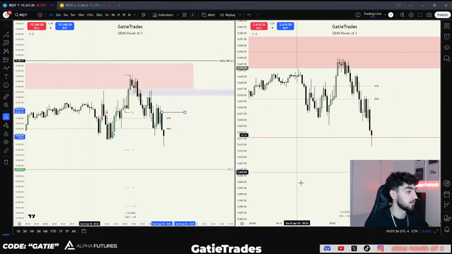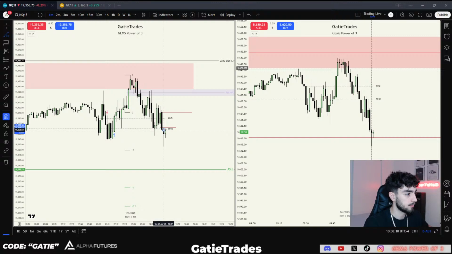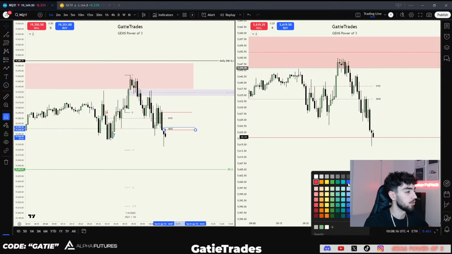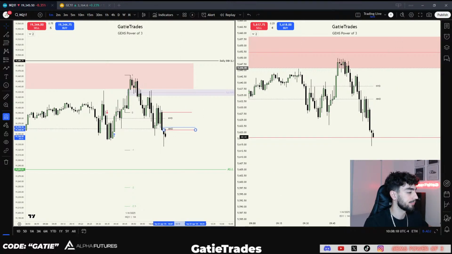This is bad price action, man. We do have a small fair value gap right here. Am I gonna frame a trade idea off that? No way. 30-second OB.